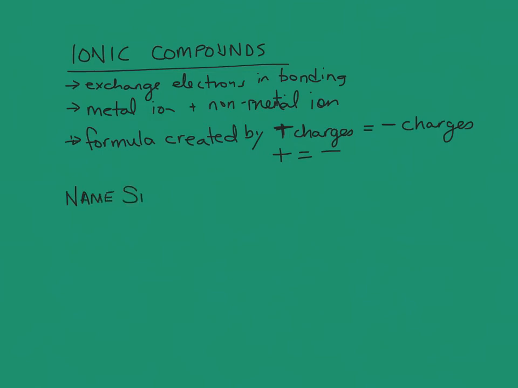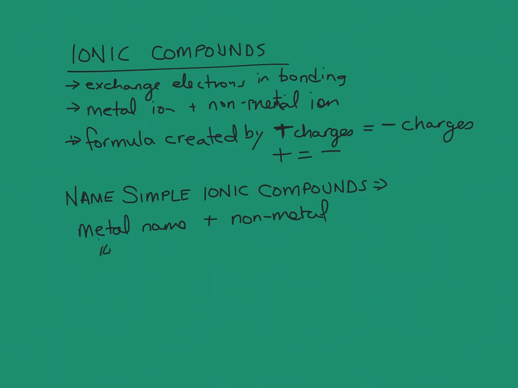So when we name ionic compounds, when we name simple ionics, the name is pretty simple, okay? It's the metal name plus the non-metal ion name.